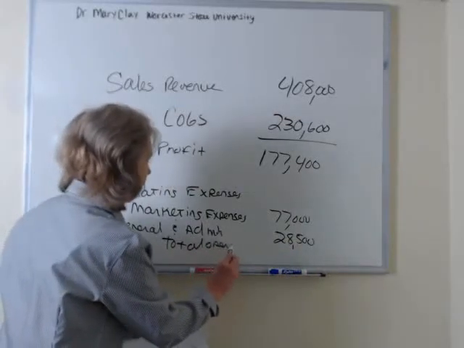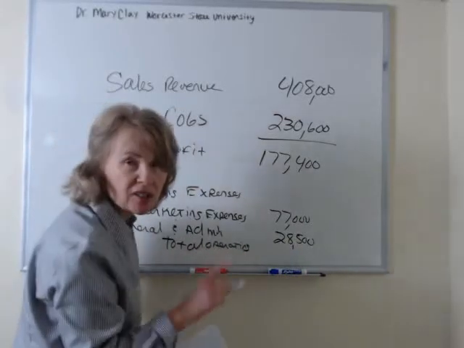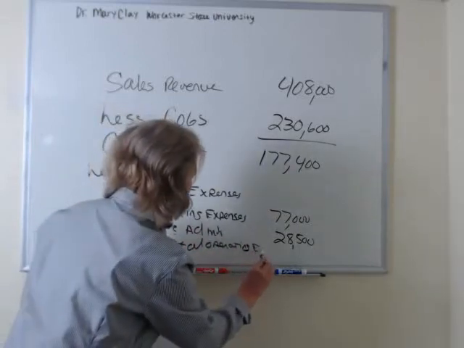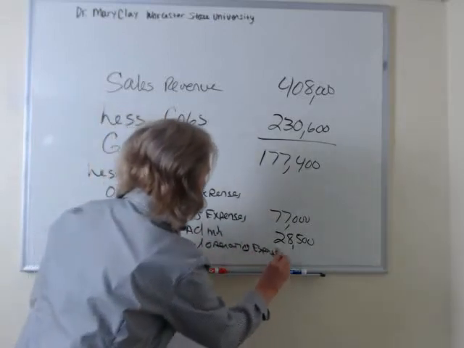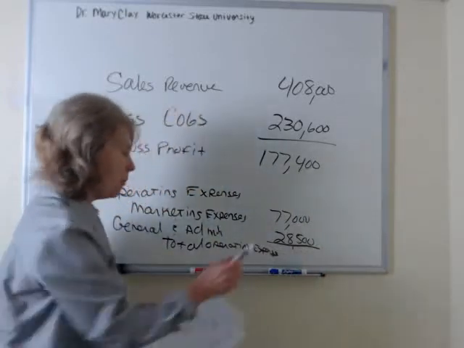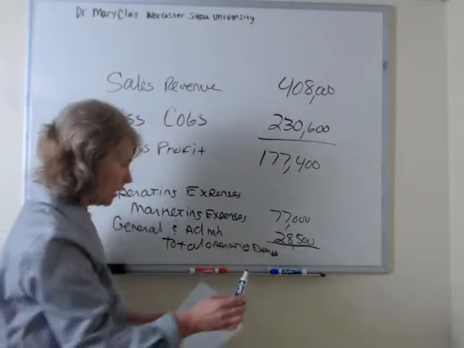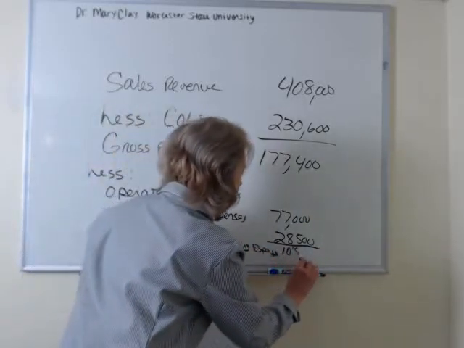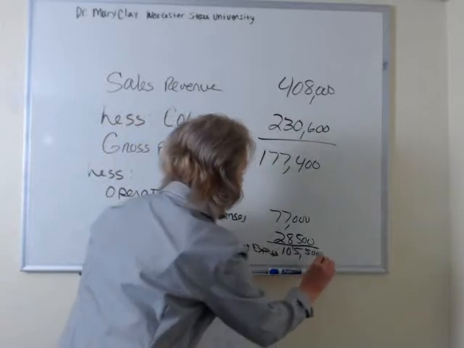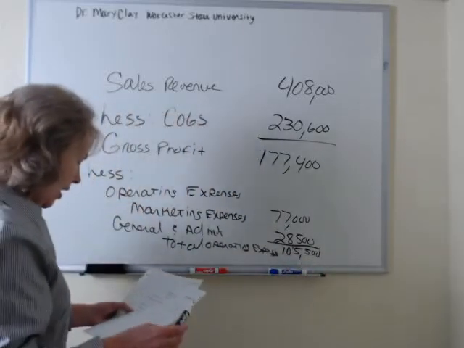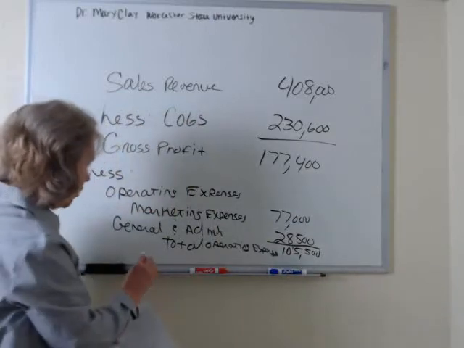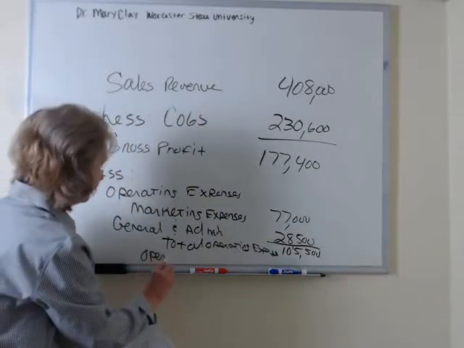I have total operating expenses. I'm running out of room. This happens to me a lot, just so you know. My total operating expenses, I'm only adding operating expenses. That is 105,500. And then I finally come down to my operating income.